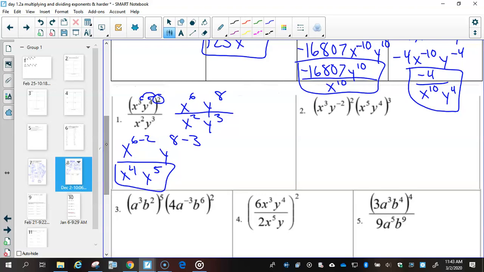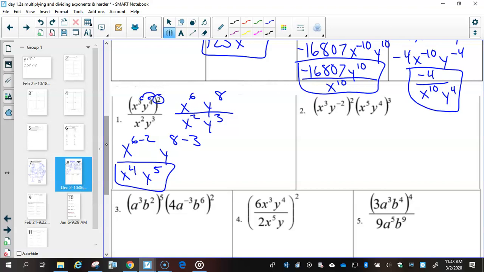For number 2, what do you see happening? So I'm going to reword that as we have powers being raised to other powers, or exponents being raised to exponents. What else is happening? We're multiplying.